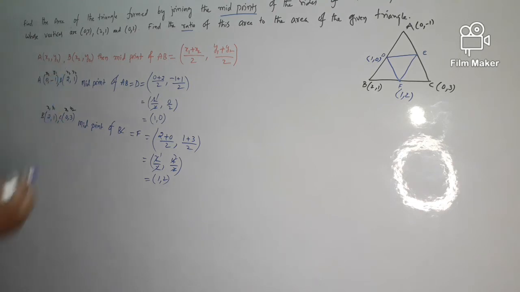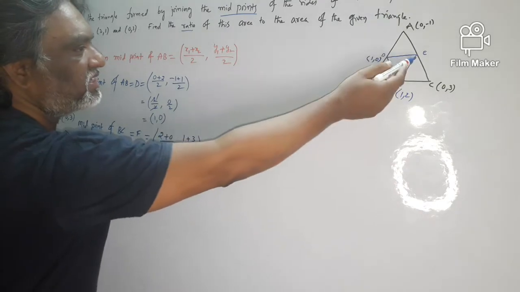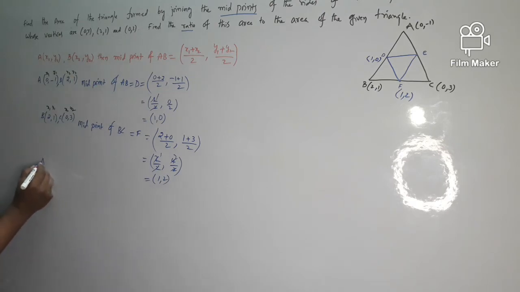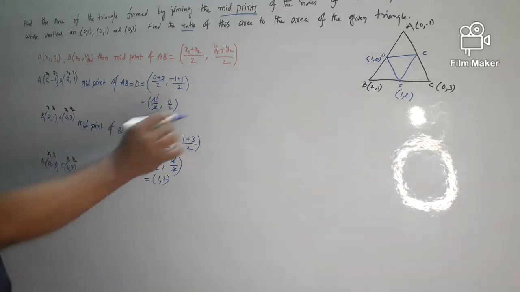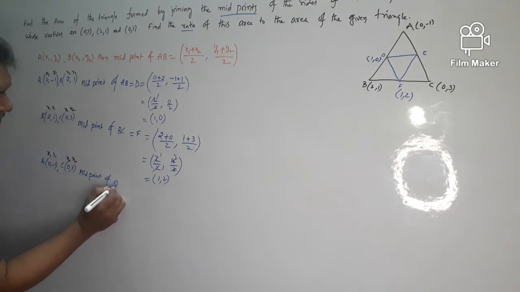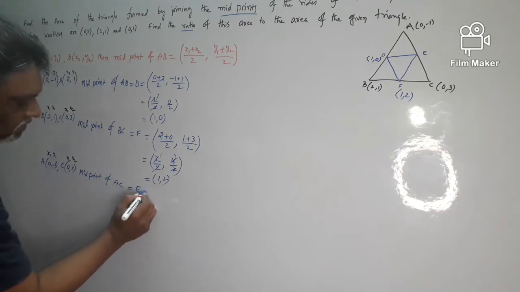Now find the midpoint of AC. Midpoint of AC is E. A is (0, -1), C is (0, 3).